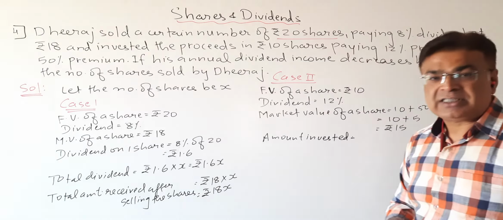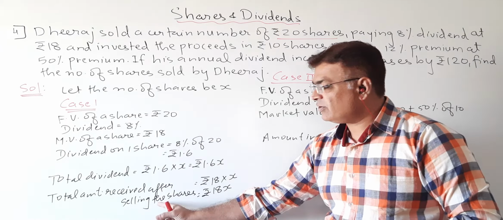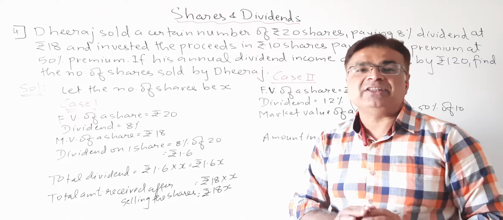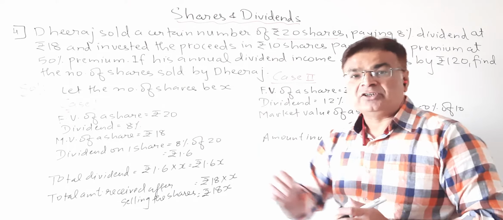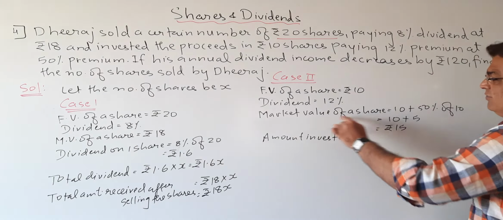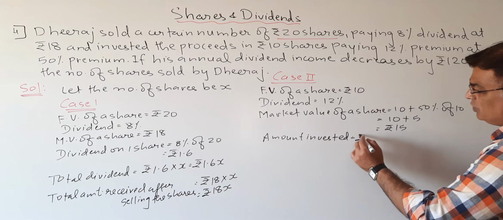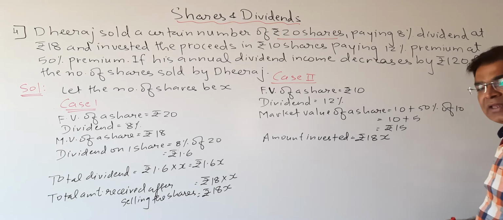Students, I hope you are understanding from the first part. After selling the shares, he got 18x. Now this 18x he is not keeping with him. He is investing further in a share in which the market value of the share is rupees 15. So the amount invested is rupees 18x.